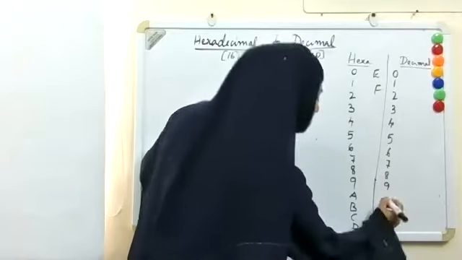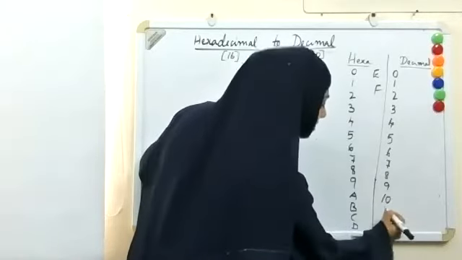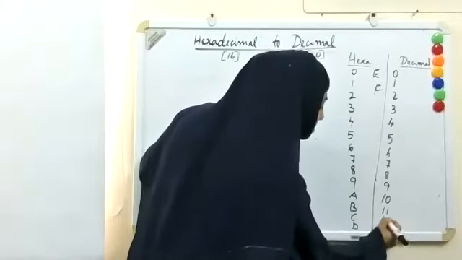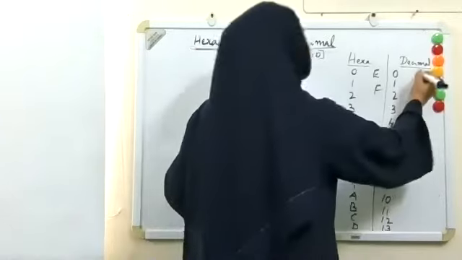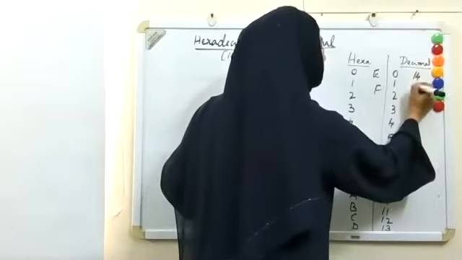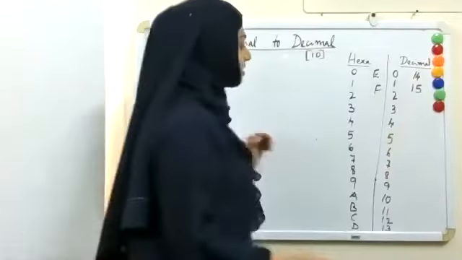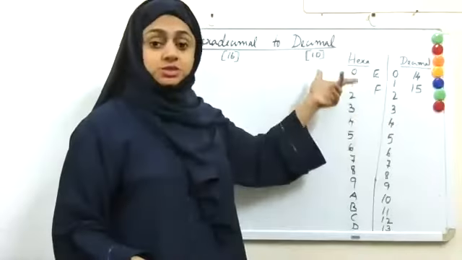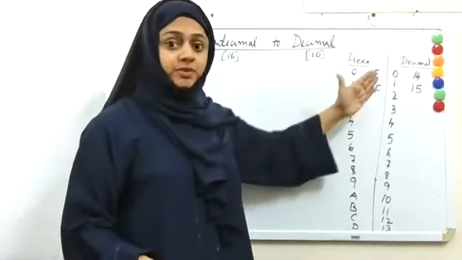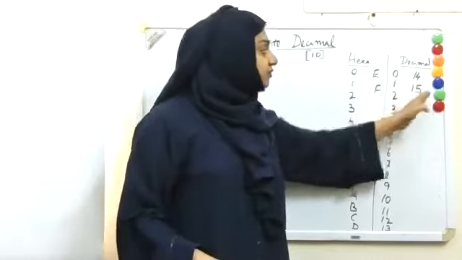Now A stands for 10, B stands for 11, C stands for 12, D stands for 13, E stands for 14, F stands for 15. So there are these 16 symbols used in the hexadecimal number system, and it goes up to 15.